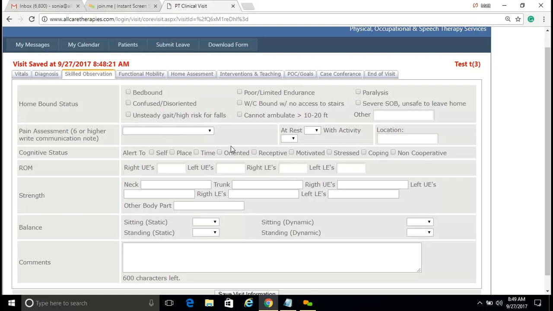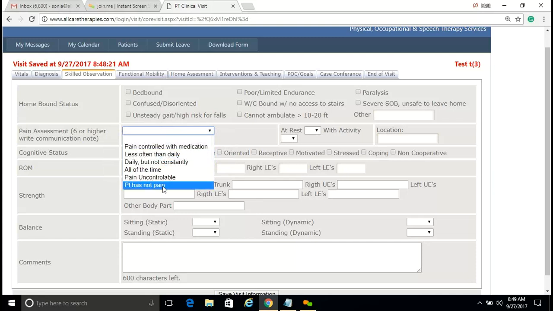Sometimes when we ask, do you have any pain, the patient's response will be no. But when you go through the medication list, you see, oh, the patient is on gabapentin, hydrocodone, Percocet, and then you ask, are you taking these medications? And they say, yes, but I don't have pain. So it's very, very important we choose the right response. Is the patient pain controlled with medication, or does the patient not have pain?